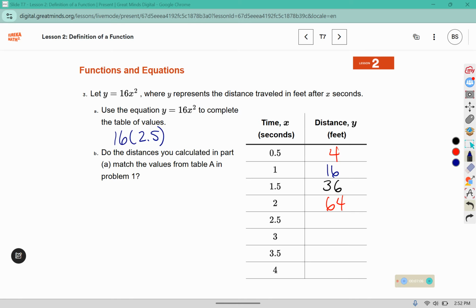Then multiply that by 16 and you get 100. Continue plugging in the values of x into the equation to determine the output.